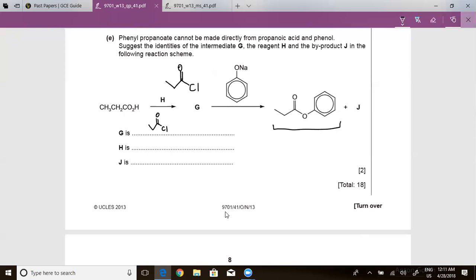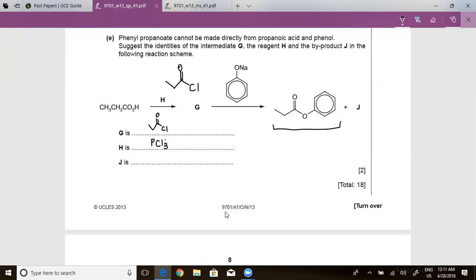How do you make this? You add PCl3. Yeah, PCl5, sorry, SOCl2, your choice. I think PCl5 is the most... PCl3 चलता है, PCl5 भी चलता है.